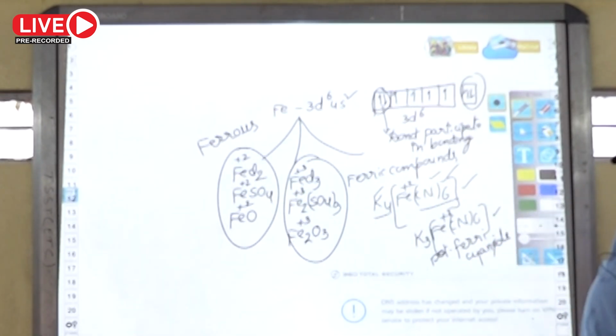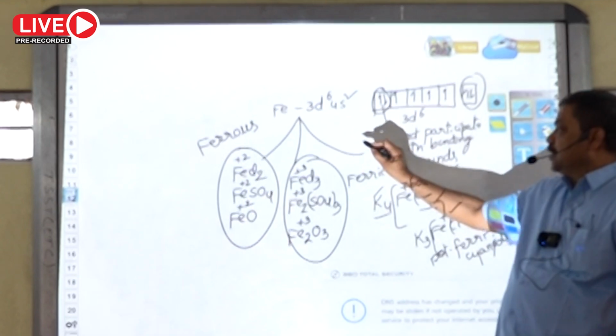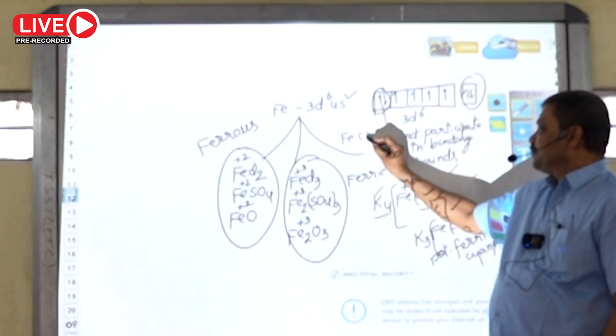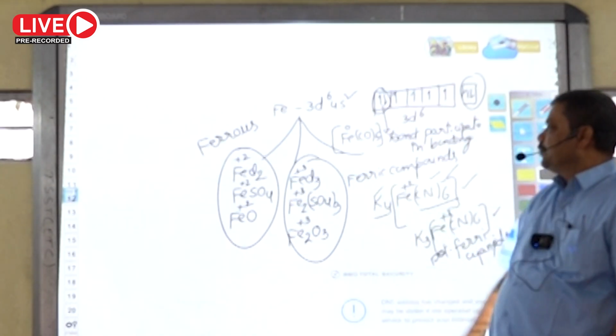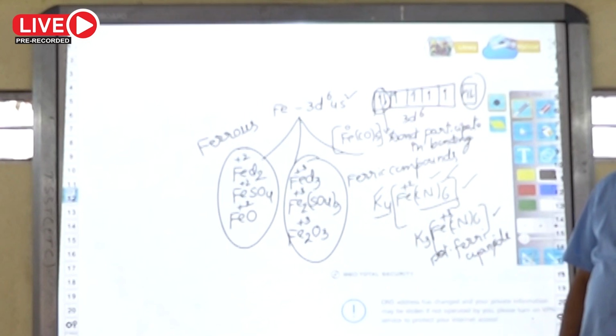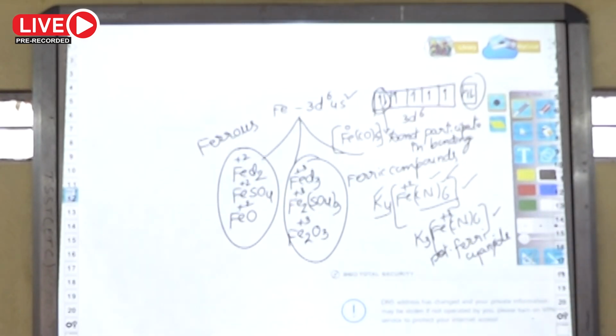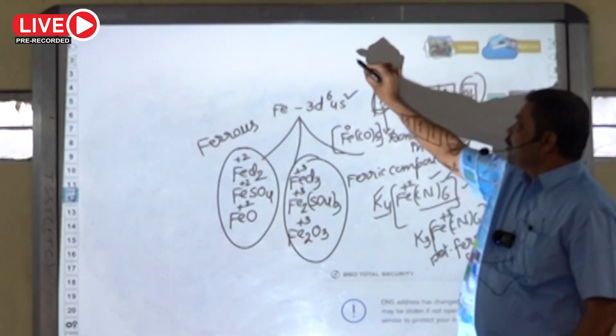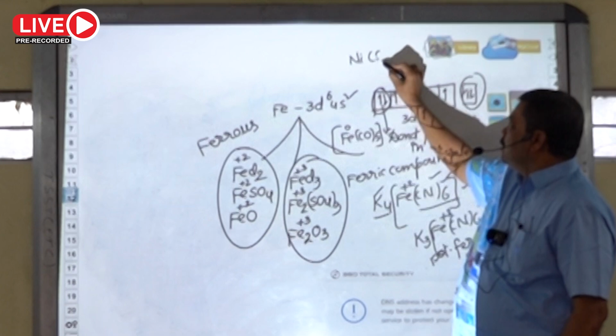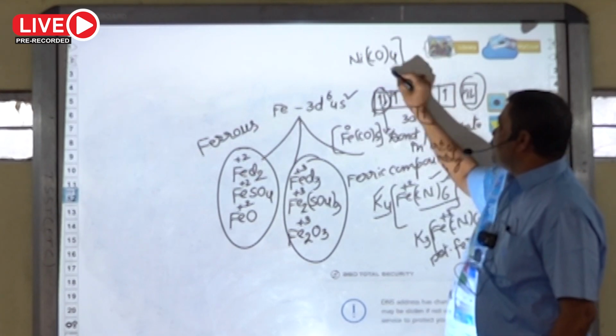These are IUPAC names. But iron also shows a zero oxidation state in its metal carbonyls. This is iron carbonyl, where iron is 0. Or perhaps in all metal carbonyls, metals are in zero oxidation state, like nickel carbonyl, Ni(CO)4.